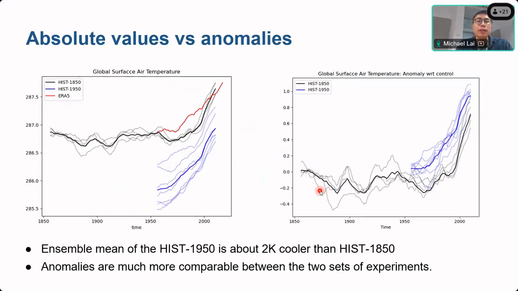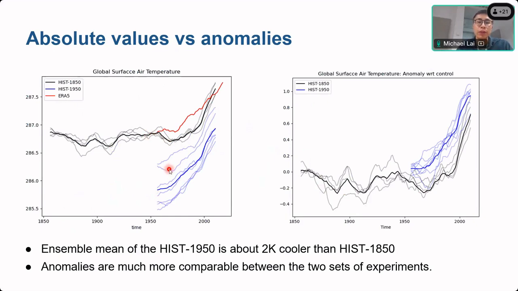Just removed it for simplicity. So looking into the historical simulation, on the left-hand side is the absolute value of the global surface air temperature. Again, black for the CMIP 1850 historical and blue for the 1950 historical, that's using HighResMIP, and red is the ERA5 observations. Again, the blue line is about 2 Kelvin cooler than the black line.